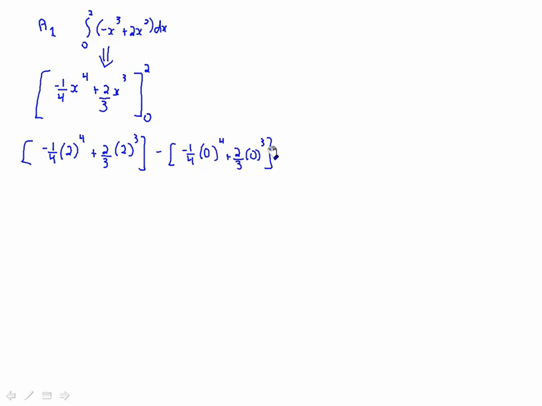Now you could do this one on your calculator pretty quickly if you want, or you can just muscle your way through with the fractions. 2 to the 4 is 16. 16 times negative 1/4 is negative 4. And then 2/3 times 8, and then minus 0, because both of these terms basically go away. So negative 4 plus 16 over 3 is going to be equal to 4 over 3.